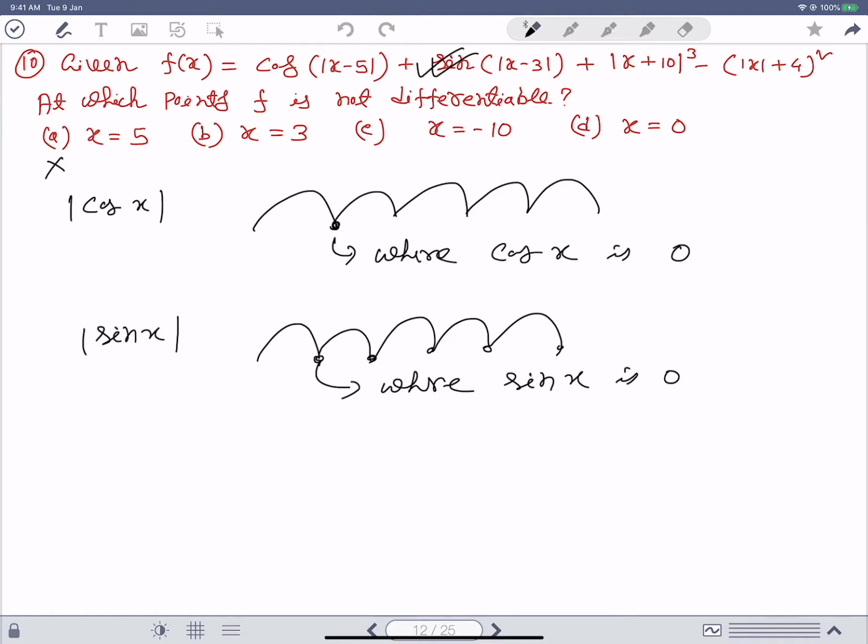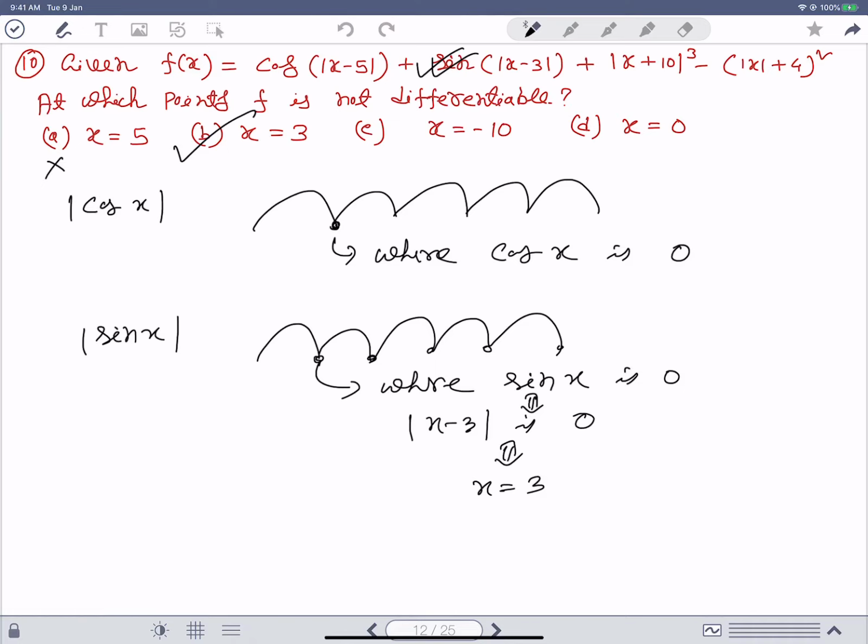So, sin x is 0 is equivalent to saying that mod of x minus 3 equal to 0, right, which is the same as x equal to 3. So, f is not differentiable here. Right. So, f is not differentiable at x equal to 3, right.